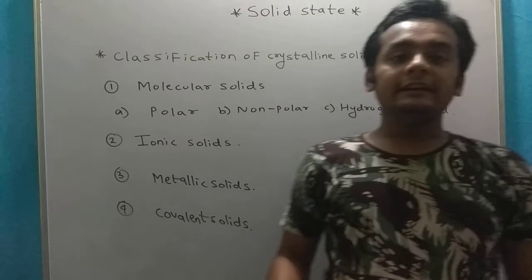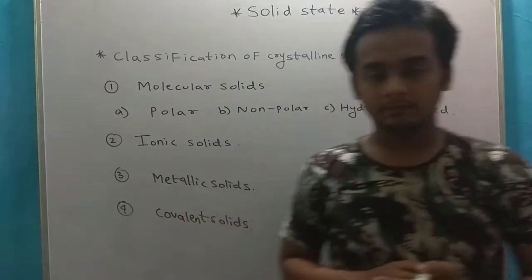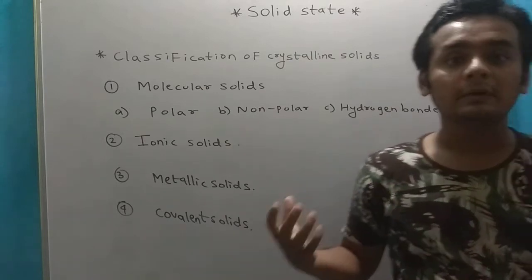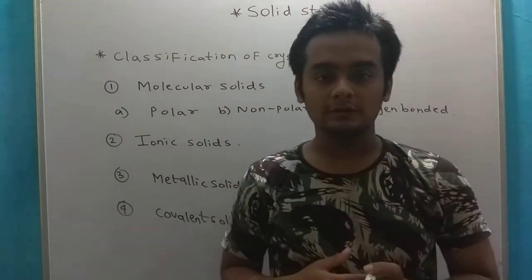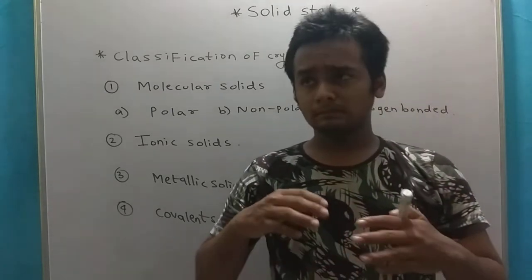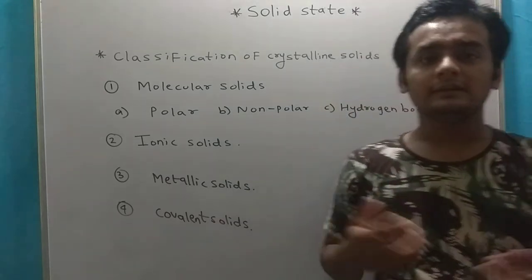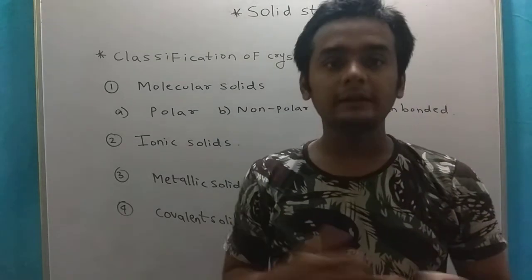Covalent solids are divided into three types: diamond, graphite and fullerenes. Diamond, you might be aware, is a precious element in the whole world, and there are many types of diamond, like sapphire and ruby.